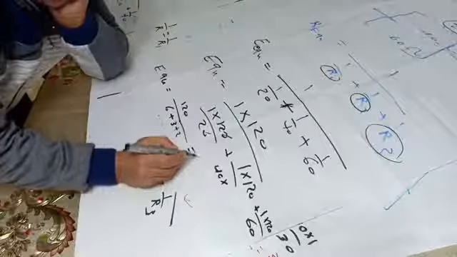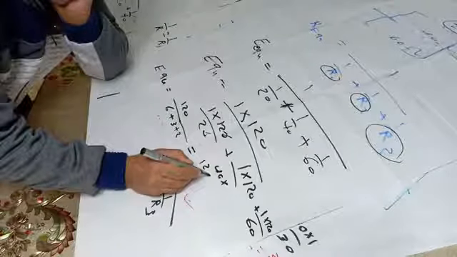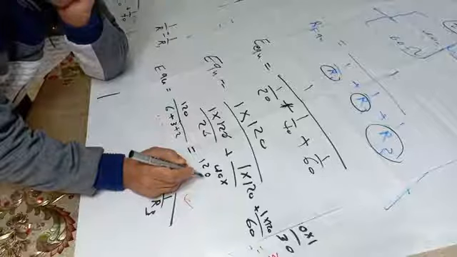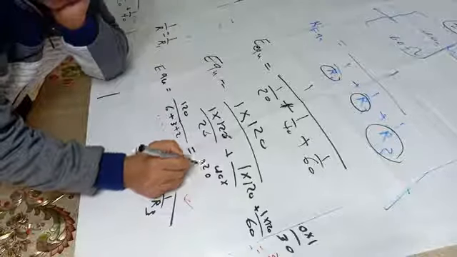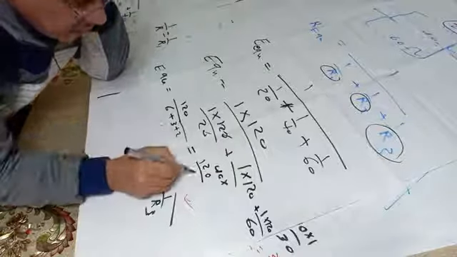So equivalent equals 120 over 6 plus 3 equals 9, 9 plus 2 equals 11.